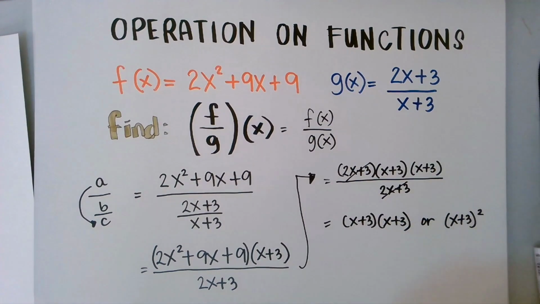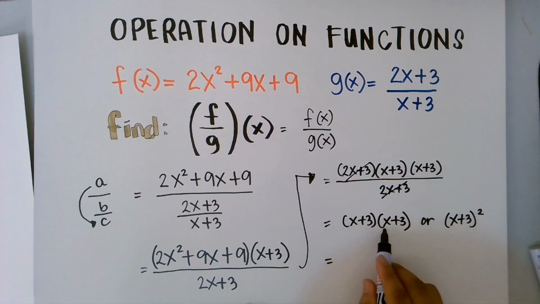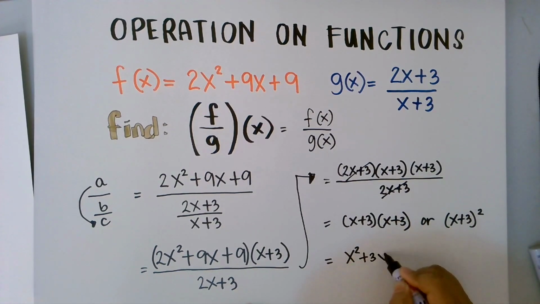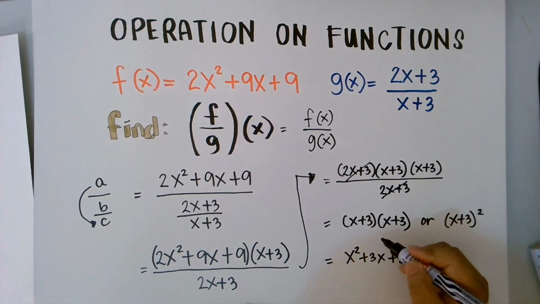Okay. Or if you want to provide the product of this answer, pwede natin i-multiply through FOIL method. So, x times x is x squared, and x times 3 is 3x. Then 3 times x is 3x. Sorry, that's times pala. Nagkamali tayo.